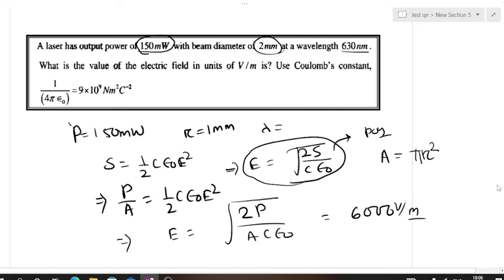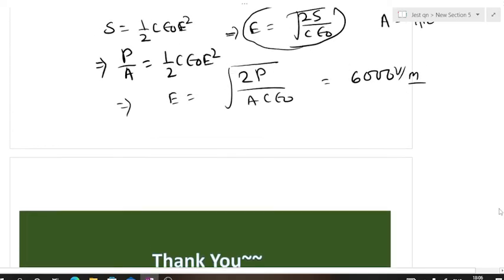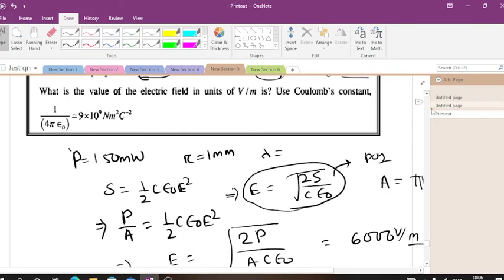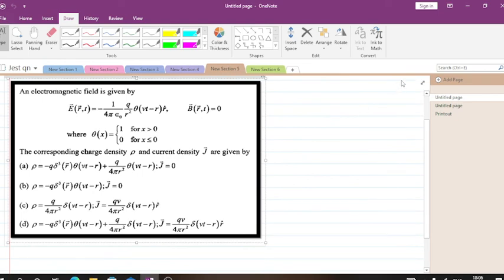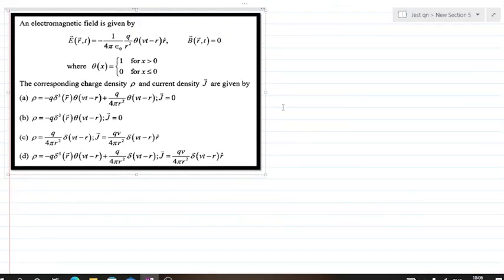Okay, one more question left, that is this question. An electric field is given by this. Here theta is our step function.